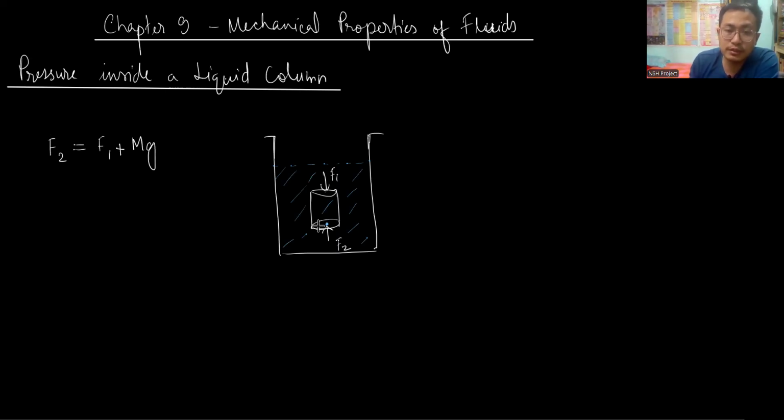If we consider a cylindrical volume, a liquid column of height h, and the area of cross section is A. Since the points are at rest, the forces balance, so the force F2 upward equals F1 plus mg.